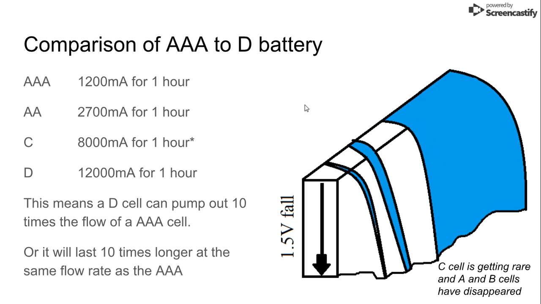Okay? So what this means is the D battery is capable of dumping out 10 times the flow of a AAA battery, or it can produce 10 times longer at the same flow rate. So the big difference between these 4 batteries is the time they operate, or how much flow they can produce at a given time.